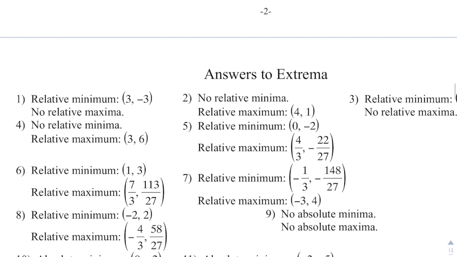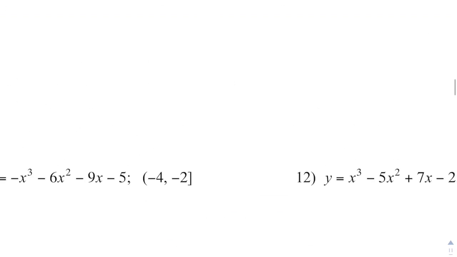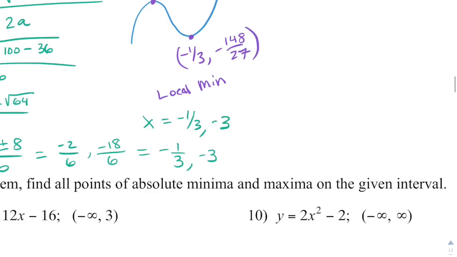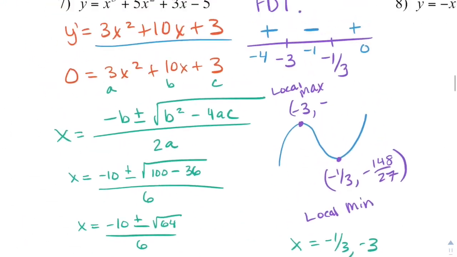If you evaluate negative 1/3, it looks like you get negative 148 over 27. And if you substitute in negative 3, you get the answer of 4.